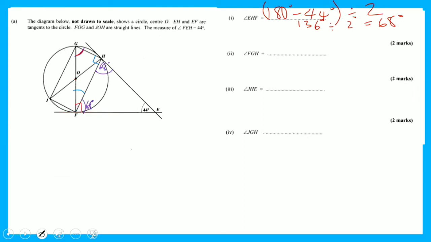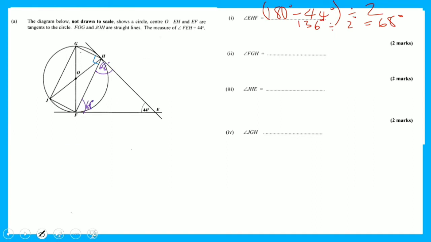And if we know the part that is 68, then it is easy for us to find this part here, and then the third angle in the triangle. However, we could go simpler.